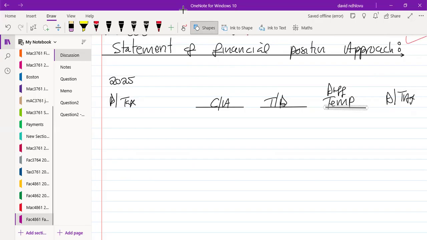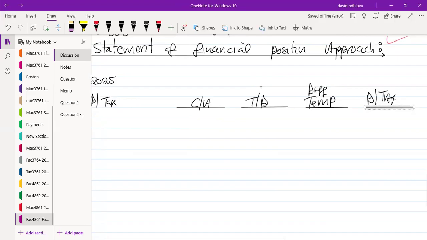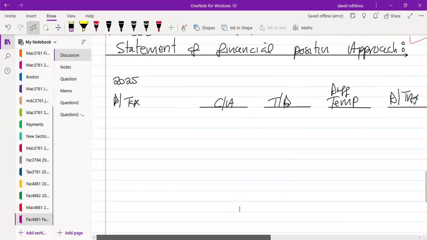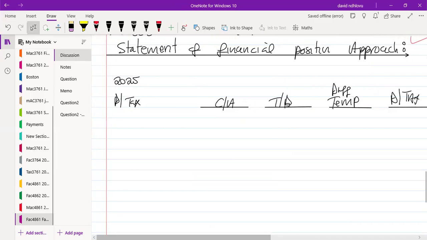So here, what we can then do is go to the statement of financial position. You identify your assets and your liabilities. Then you need to capture the carrying amount as well as the tax base of each asset or liability.